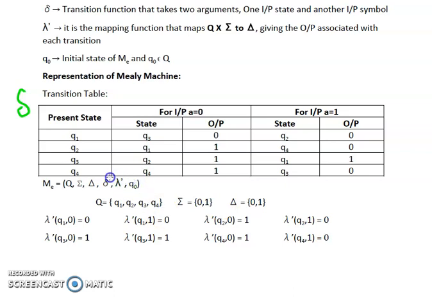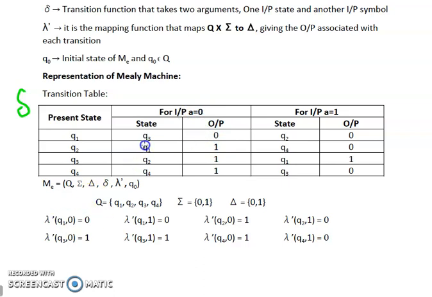Now, let's talk about the next tuple, that is lambda dash, because small delta we have already represented in the form of a table. Lambda dash, as already discussed, takes two inputs: first the state and second the input, and it provides us the output.